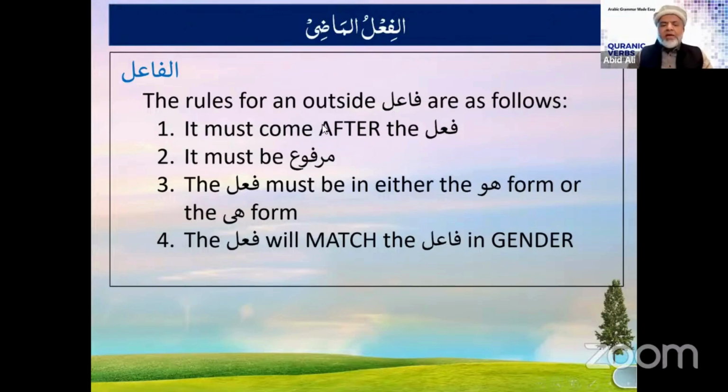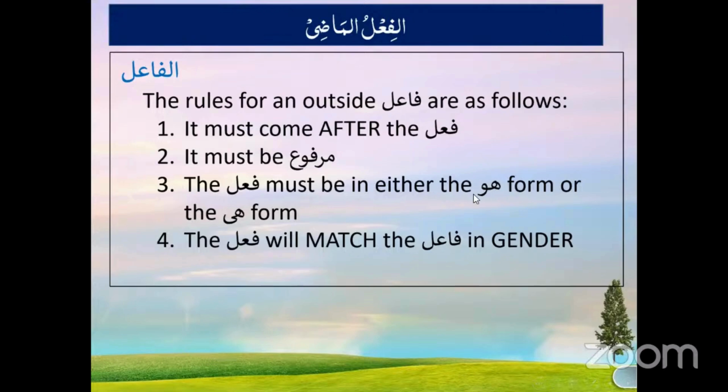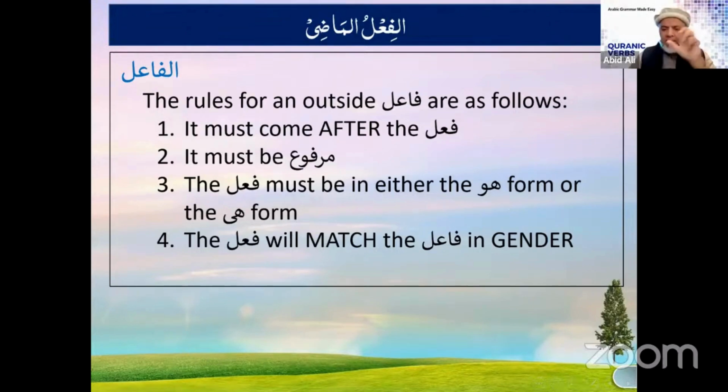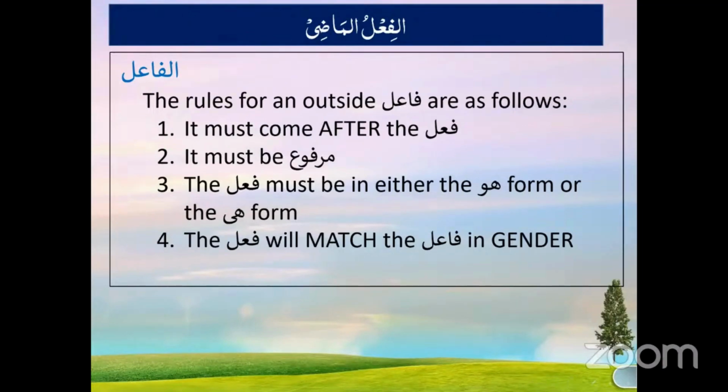Then the outside fa'il will only apply to siga number 1 and siga number 4. What does that mean? Huwa and Hiya are the only times when this will come as the outside fa'il. And I'll show you the example. And the fi'l will match the fa'il in gender. What does that mean? They will follow each other.